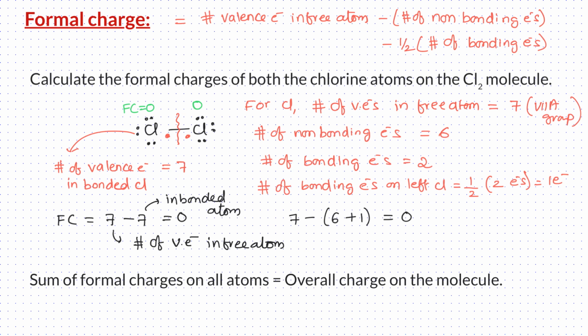Therefore, one way to verify if the formal charges you calculated are correct or not is to add up the formal charges on all the atoms, and it should give you the overall charge on the molecule or ion. For chlorine, the formal charges on each of the chlorine atoms add up to 0, which is the overall charge of the chlorine molecule.